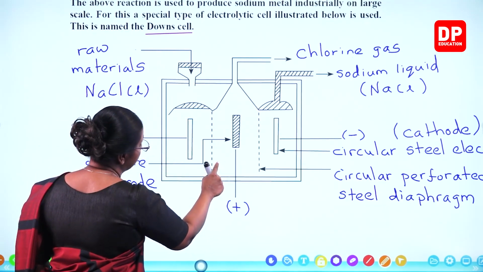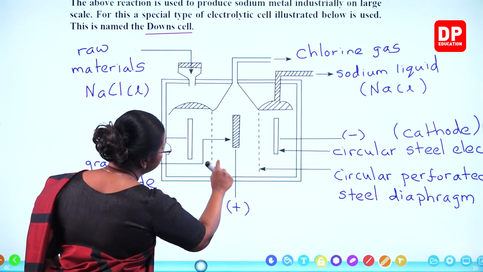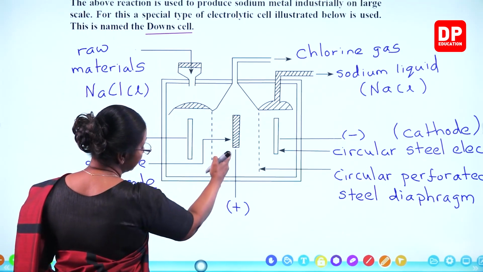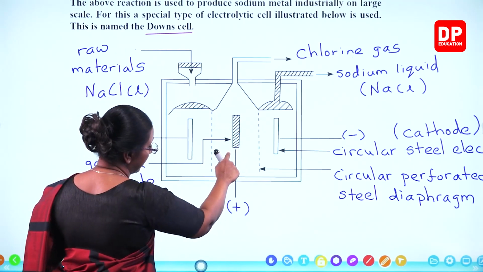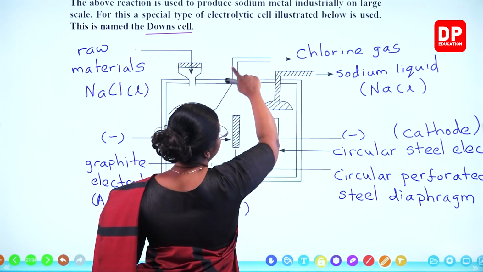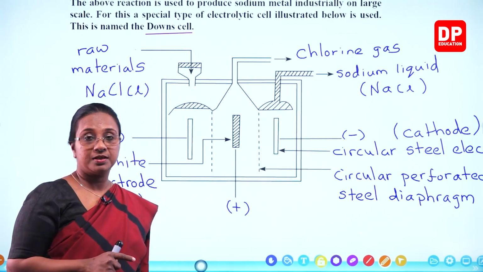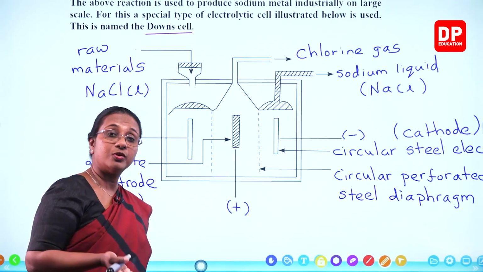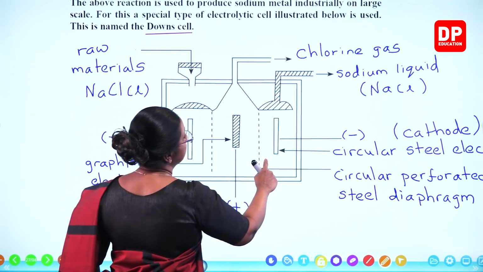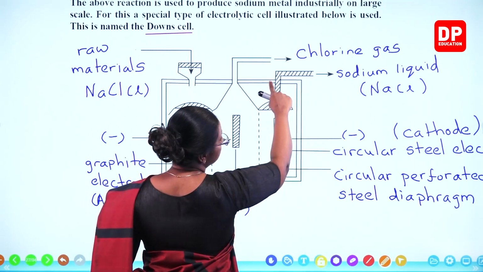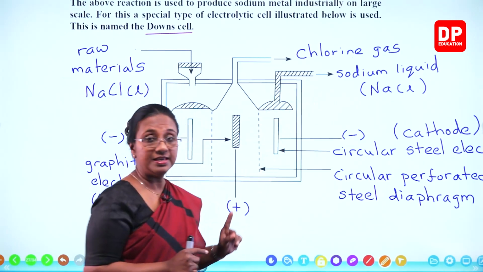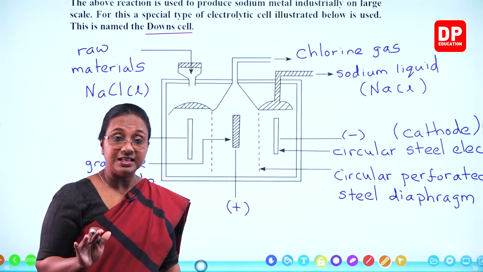And the chloride ions will move through this perforated diaphragm and enter towards the anode, that is the graphite anode, where they will get oxidized and chlorine gas will evolve from the top. Chlorine is a gas, so it goes up and is taken out from the top. At the same time, molten sodium is taken out from this outlet. Is that clear to you all?